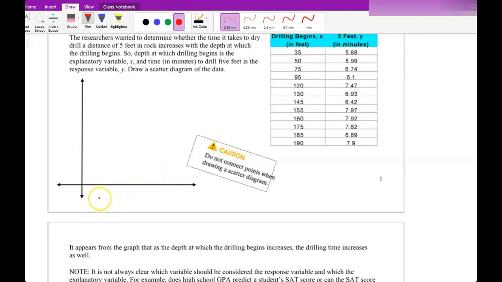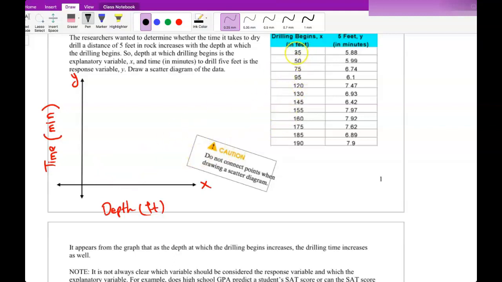On the horizontal axis we have X, and on the y-axis we have time. Let's see what points we have.